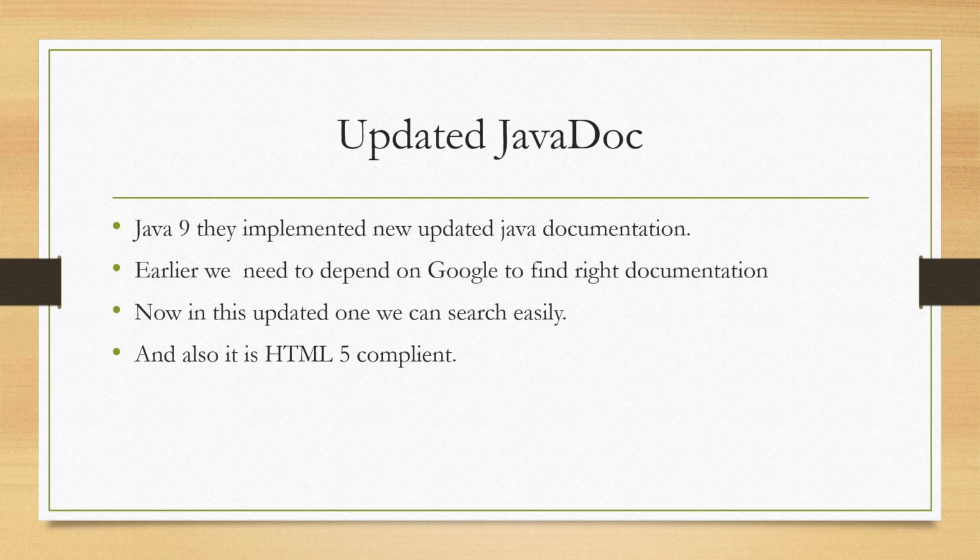Now they updated the Javadoc. In Java 9 they implemented a new updated Java documentation. Earlier, we needed to depend on Google to find the right documentation. Now, in this updated one, we can search easily for any class directly here. Also, it is HTML5 compliant, so the user interface is also good.